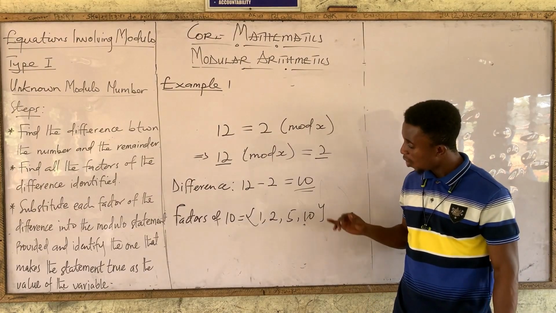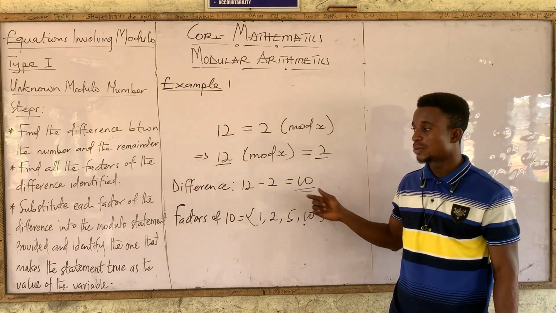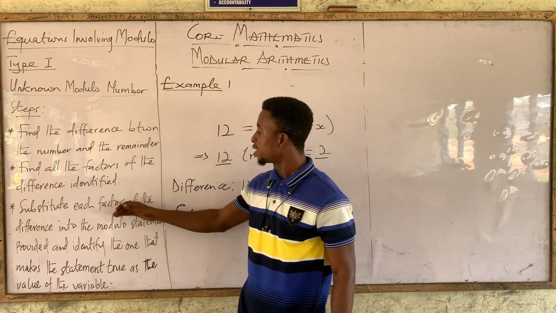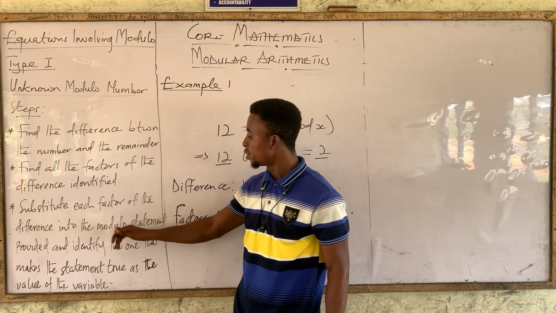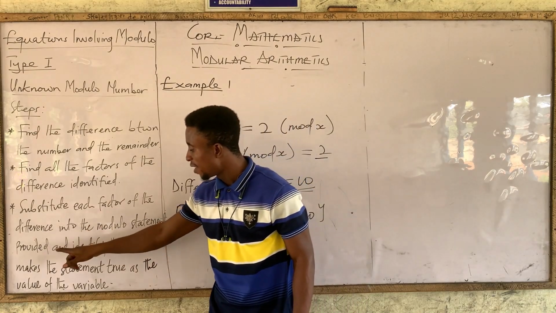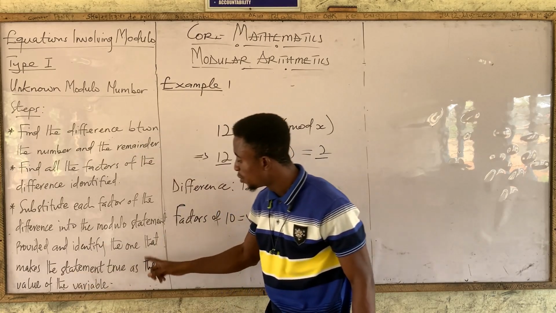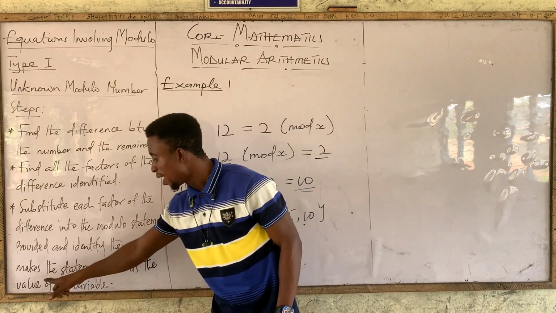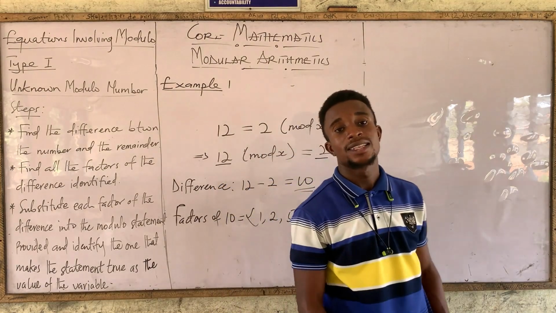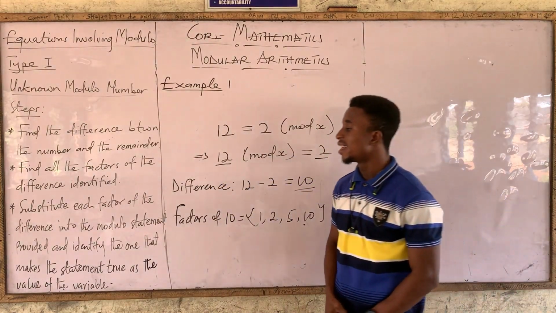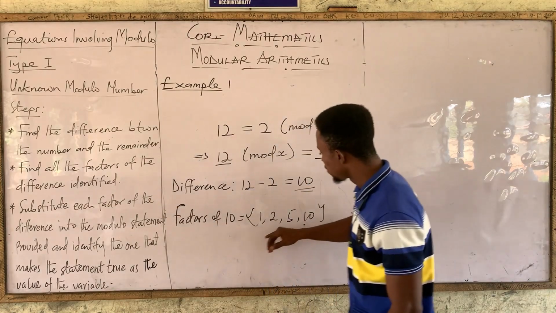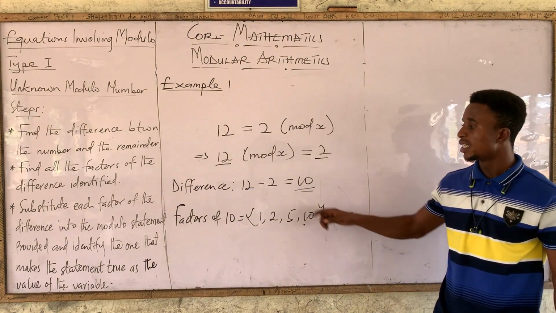Then what do we do next? After listing all the factors of the difference, we substitute each factor of the difference into the modulo statement provided and identify the one that makes the statement true as the value of the variable. Are we getting that? So all that we are saying here is to substitute each factor of the difference into the modulo statement.